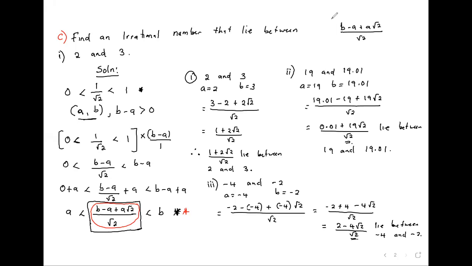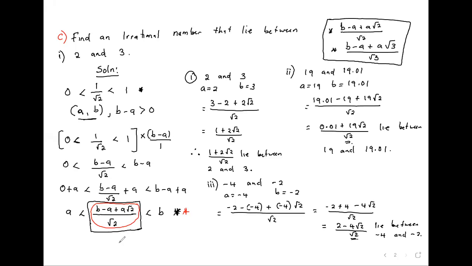What if they say find two numbers? Find two irrational numbers that lie between 2 and 3. The first one will be this one. The second one, same formula. Just pick a different irrational number, say 3, so that you use √3 there.